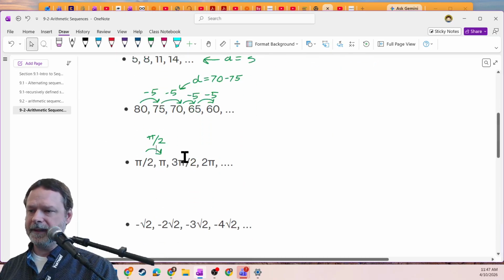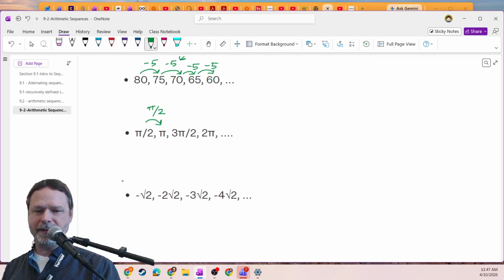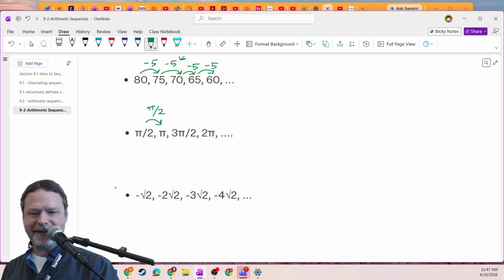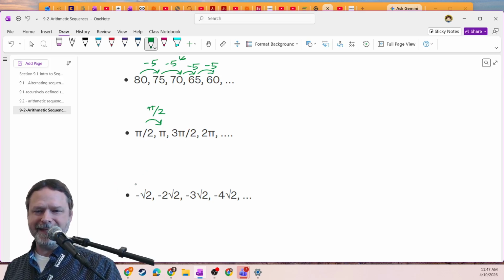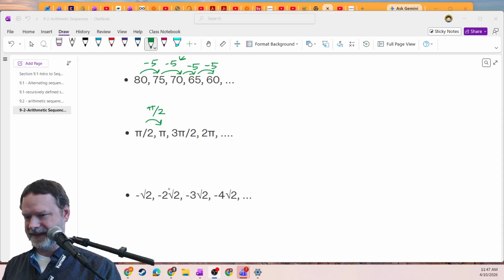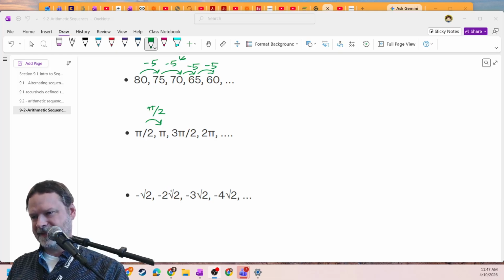Okay. And then here's another one. What are we adding each time in this one? We are adding, let's see here, negative root 2 and negative 2 root 2.